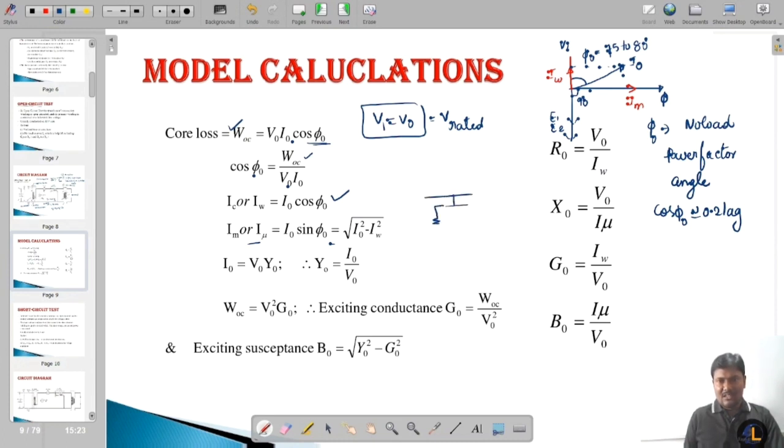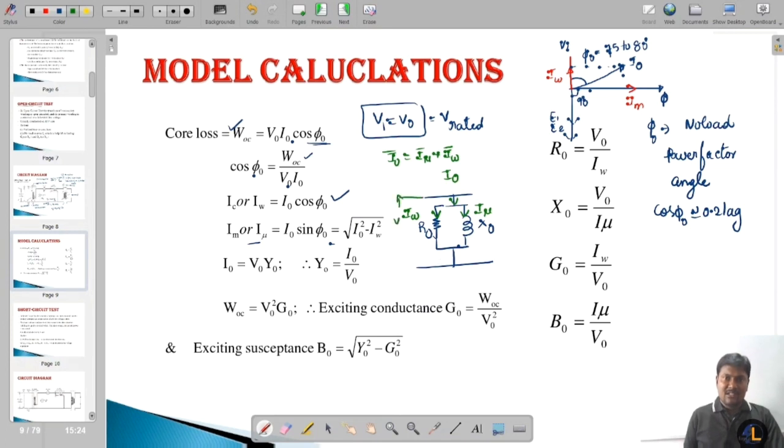The core loss component is represented with R naught, and the magnetizing component is represented with X naught. The current drawn is the no load current I naught, the current flowing through R naught is I_W, and the current flowing through X naught is I mu. I naught bar is equal to I mu bar plus I_W bar.